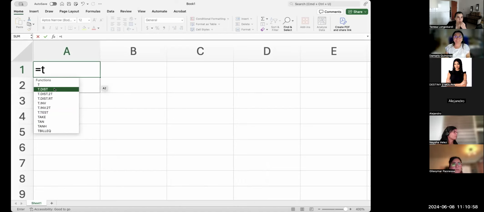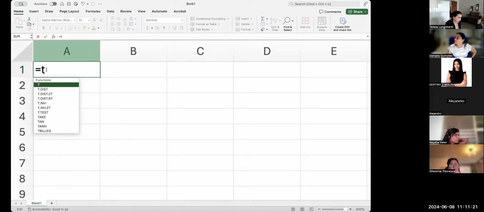So T distribution will give you the result, probably the percentile. T distribution, two tails, right tail. T inverse would be the inverse test. This is the inverse two tails. So all we want to do is use the T distribution. Let's see what it says.